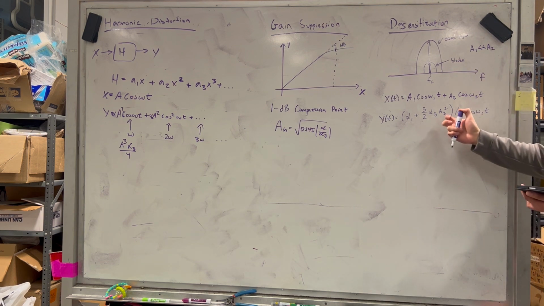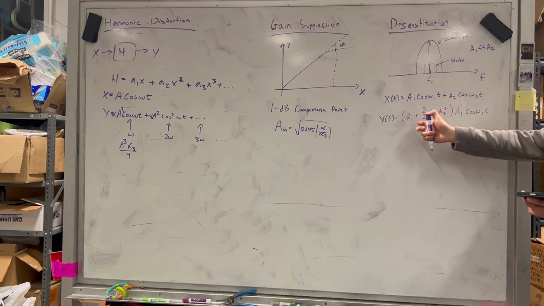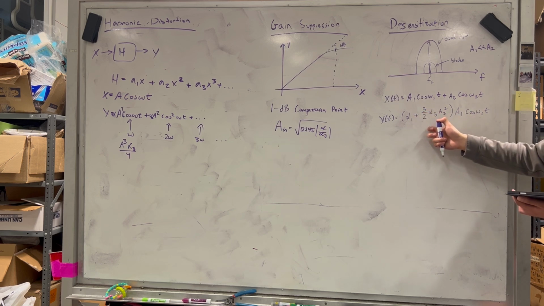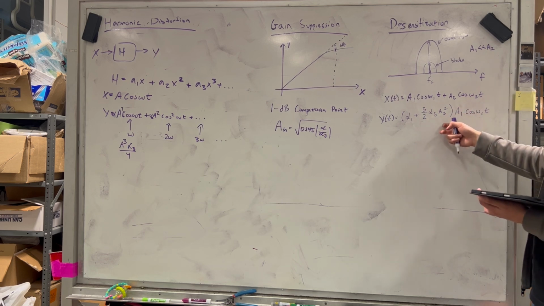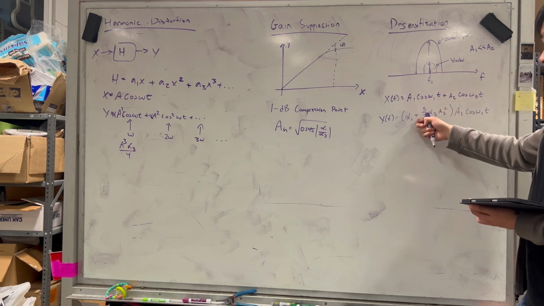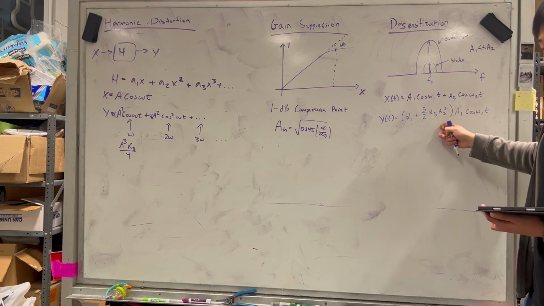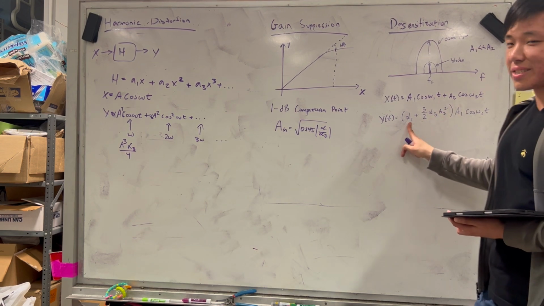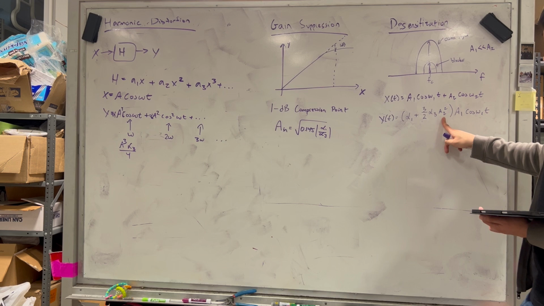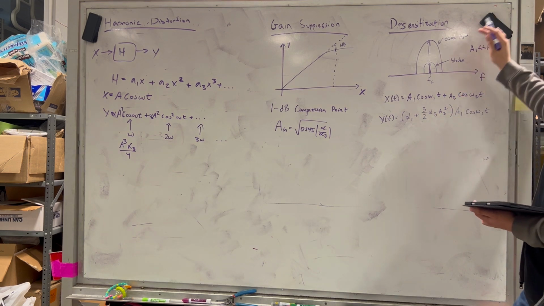So if A2 becomes really, really large, this goes to 0, because alpha 3 has opposite sign of alpha 1. So if A2 becomes really large, I meant A2 is the blocker.